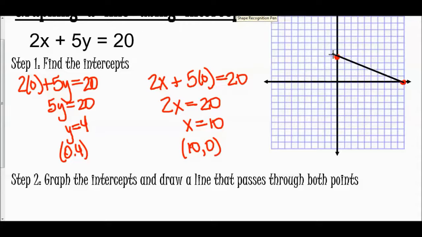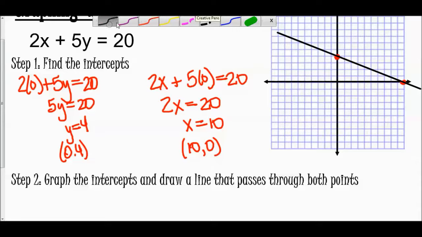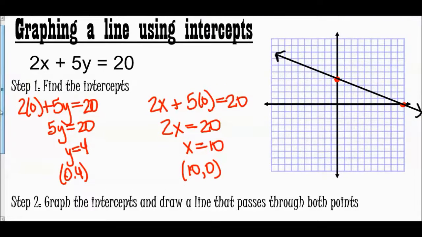So I connect the dots, and I don't just connect them, but extend past those. Like so. There you go. We'll put our arrows at the end. And there is our graph of 2x plus 5y equals 20. We graph that using intercepts. That's the benefit of standard form.